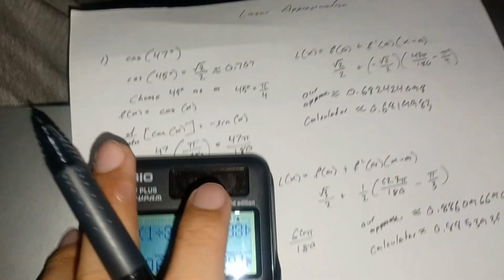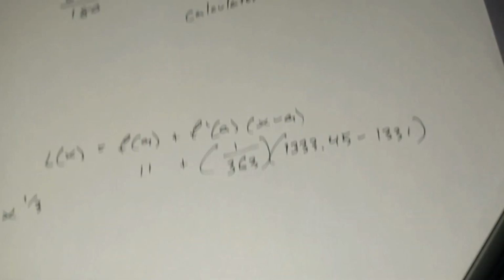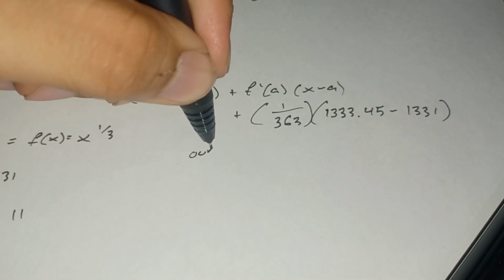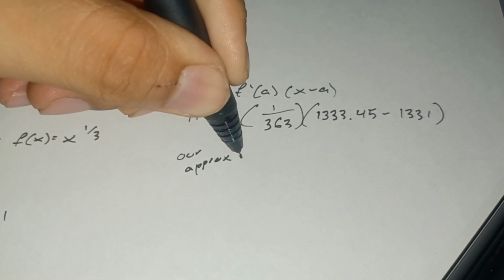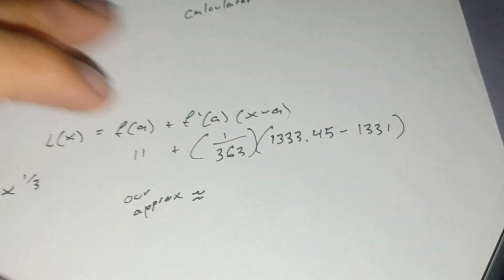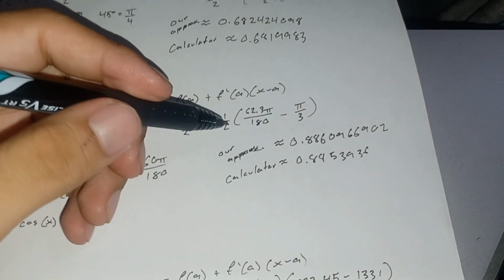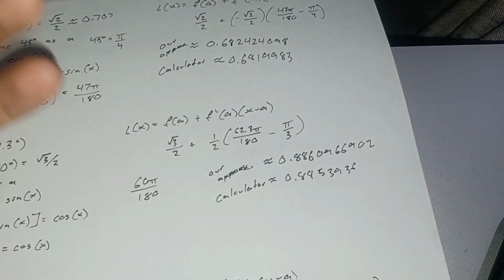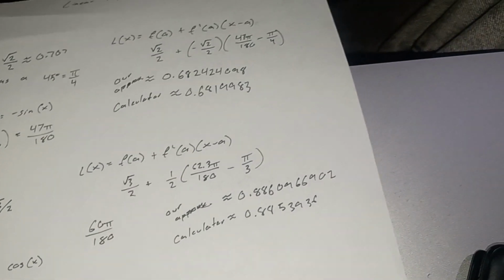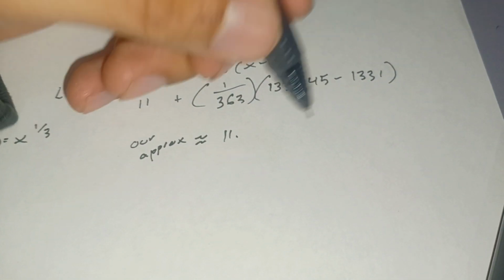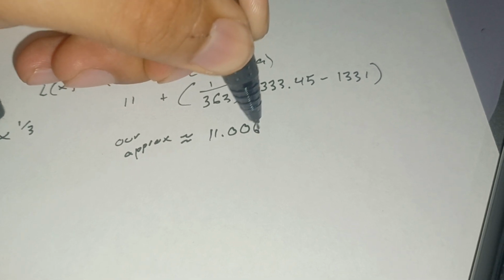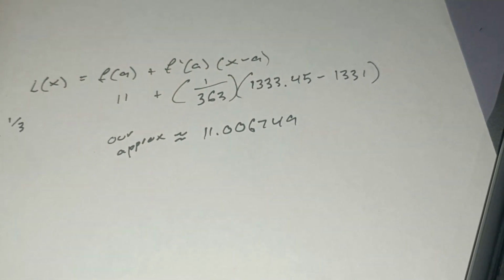Let's go ahead and write it down. Our approximation is roughly equal to, these little squiggly lines mean roughly equal to. This is just an approximation. It's not an exact value. 11.006749, and we're probably just going to stop there.